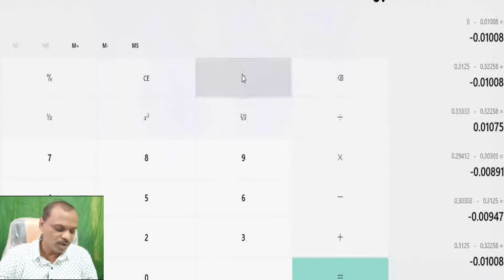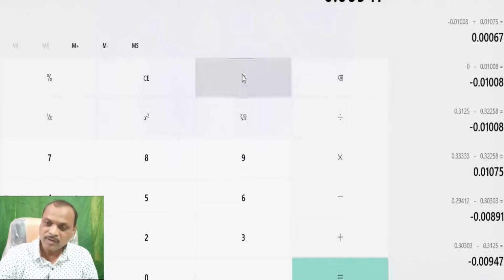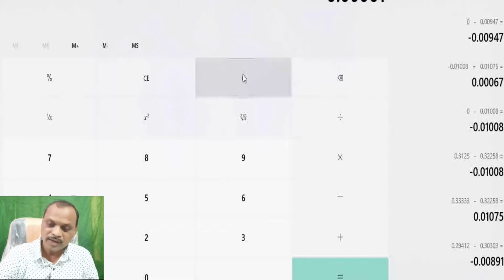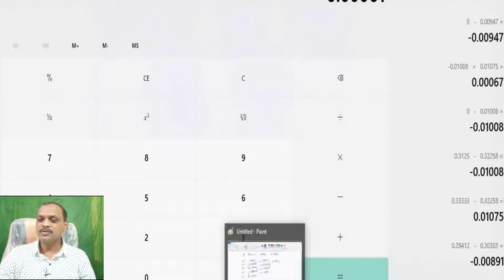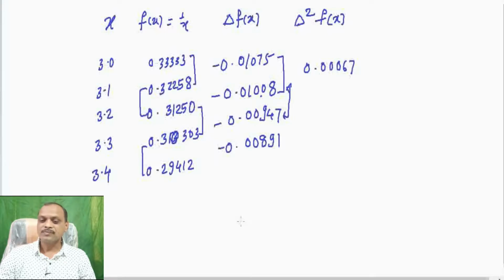Minus 0.00947 plus 0.01008, and this gives us 0.00061, a plus value.